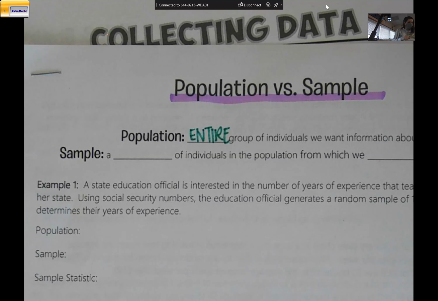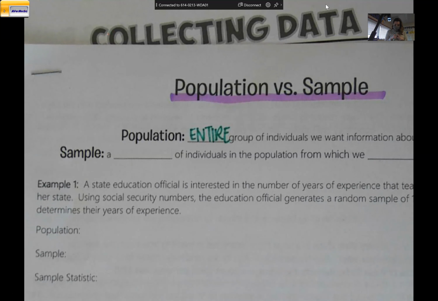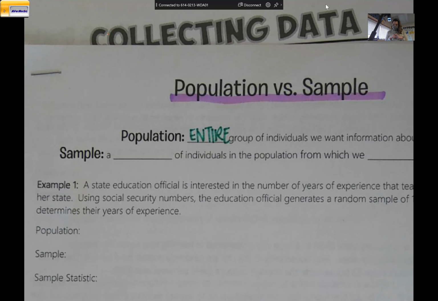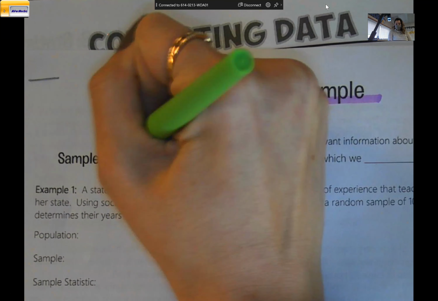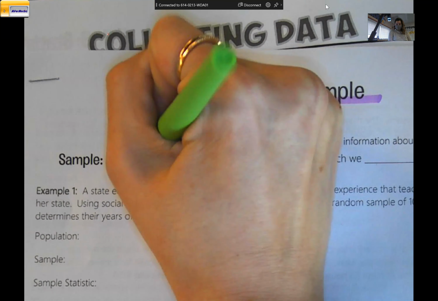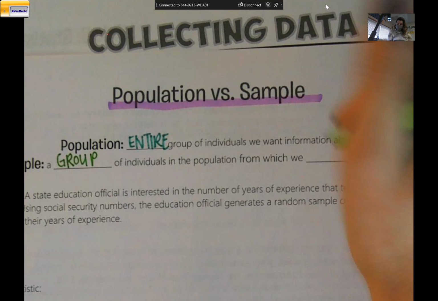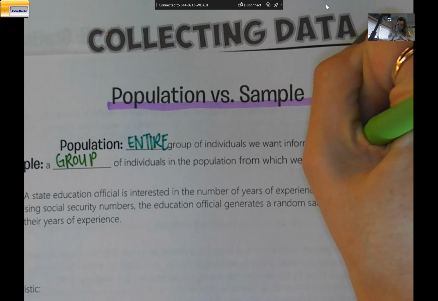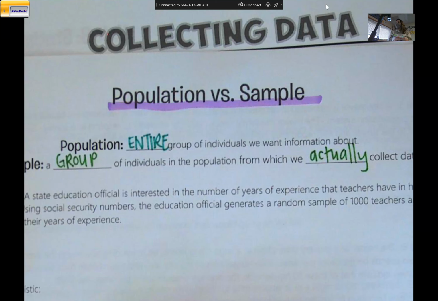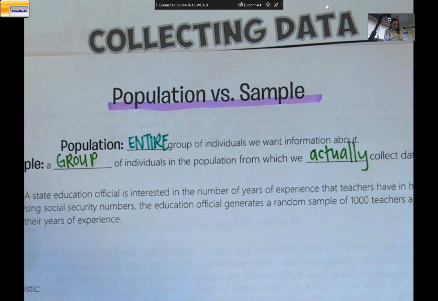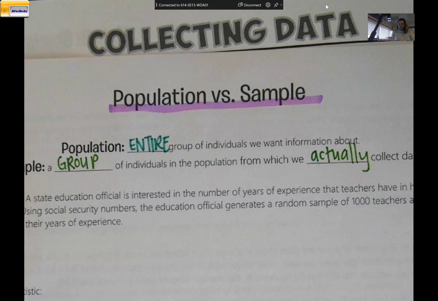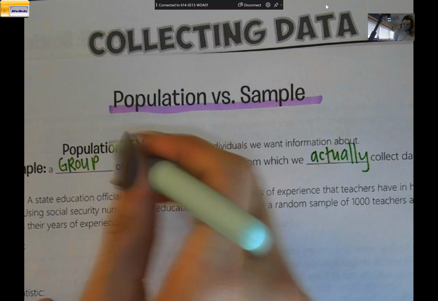A sample is a group of individuals in the population from which we actually collect data. So a sample is a group within the population from which we actually collect data. So population is everyone.